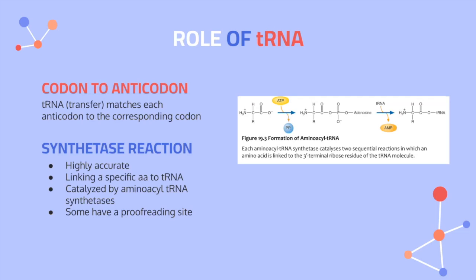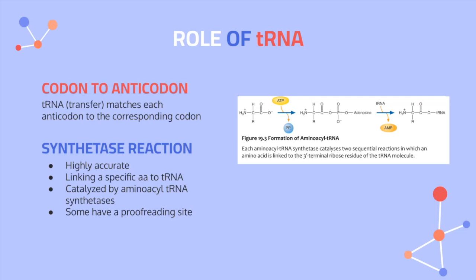So for this process to happen, we have a synthetase reaction, which is the process of linking a specific amino acid to a transfer RNA. It is catalyzed by amino acid tRNA synthetase, and it is a highly accurate process, despite how complicated it is.